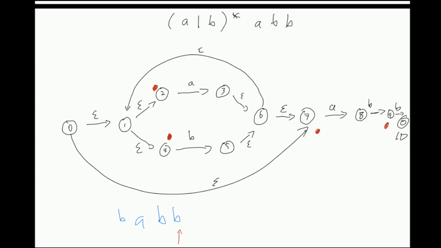We see B in our input. What state transitions can we do? So I think hopefully you can all see this by now. We have a transition from 4 to 5. There's no valid transition from 2. There's no valid transition from 7. But we have a transition from 9 to 10. And 10 is our accept state.